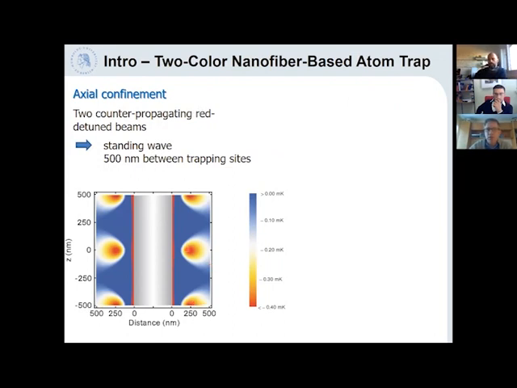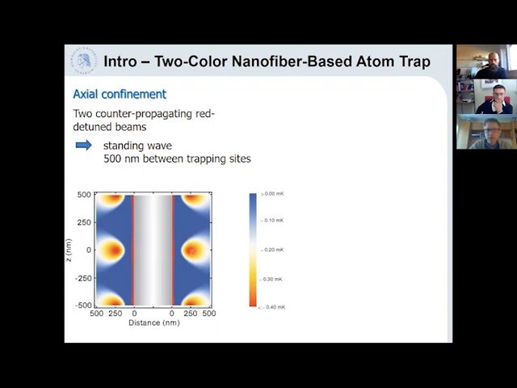And then we still have trapping in the radial direction, but in addition, there is also a periodic trapping potential along the fiber, and the distance between 2 adjacent trapping sites is lambda half, so half the wavelength of the red detuned light in the fiber. So it's about half a micron in our case.